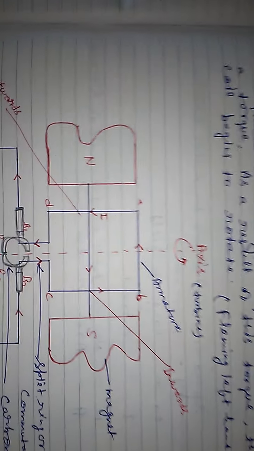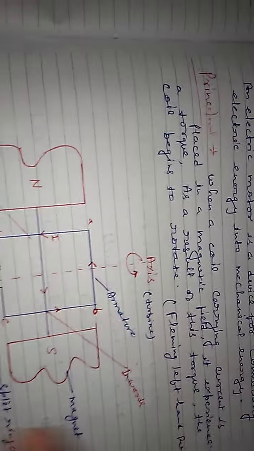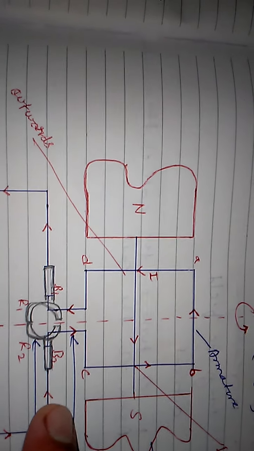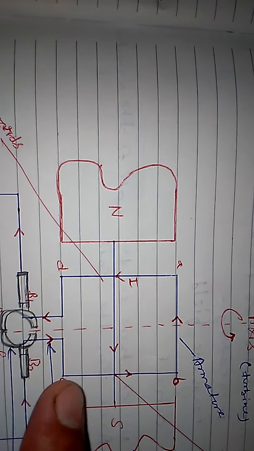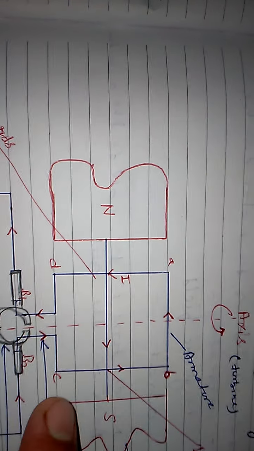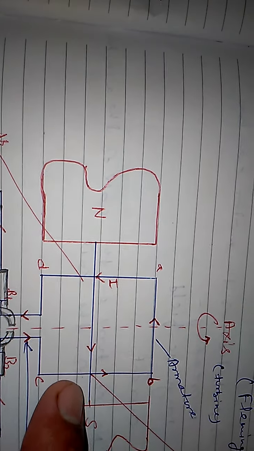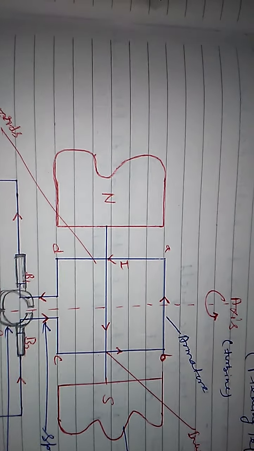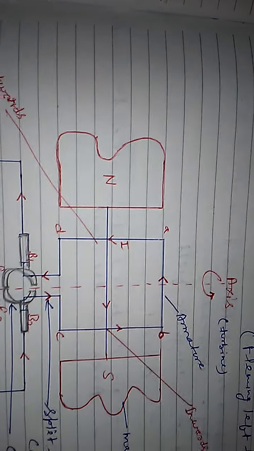So when it experiences force and deflection, as a result of this torque, the coil begins to rotate. So in simple language, try to understand. You are passing electric current from the battery. When current is passed to this coil from the battery, this coil, because it is surrounded by magnetic field of two magnets, experiences a type of force.